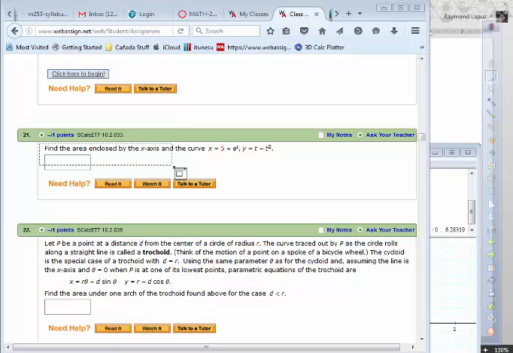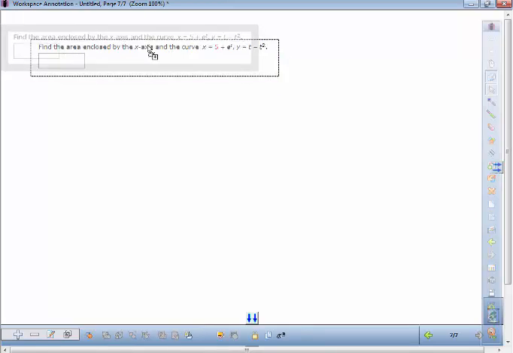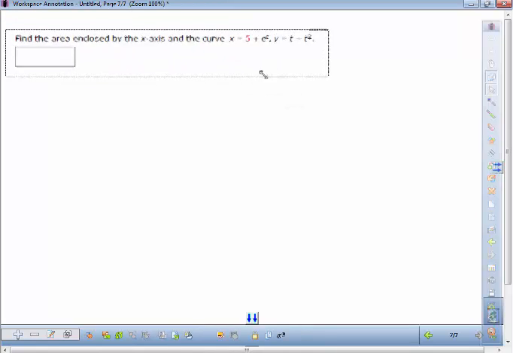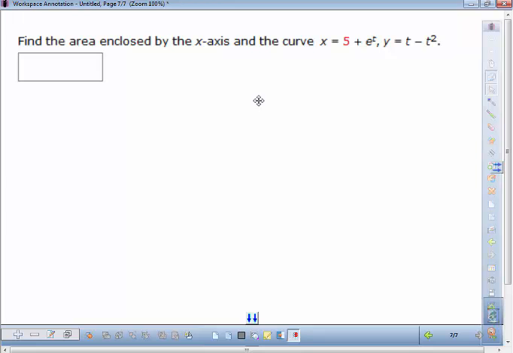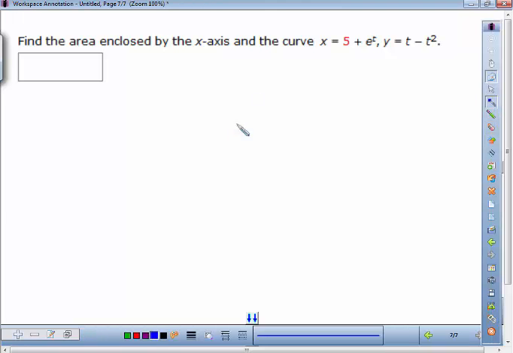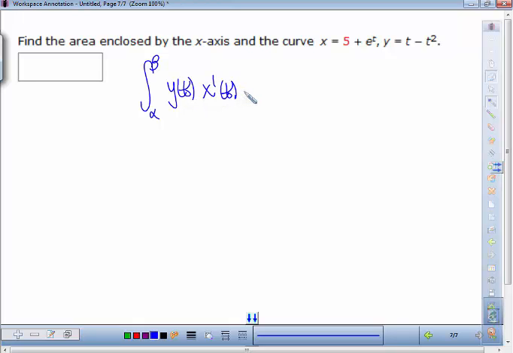Find the area enclosed by the x-axis and the curve 5e to the t is your x, and then t plus t squared is your y. All right, let's try this again. It looks like the formula is your alpha and your beta, and then your y of t, and then x prime of t dt.